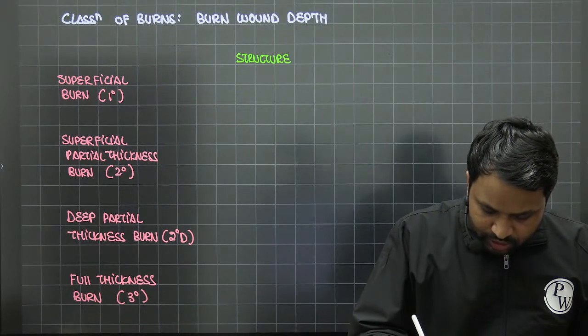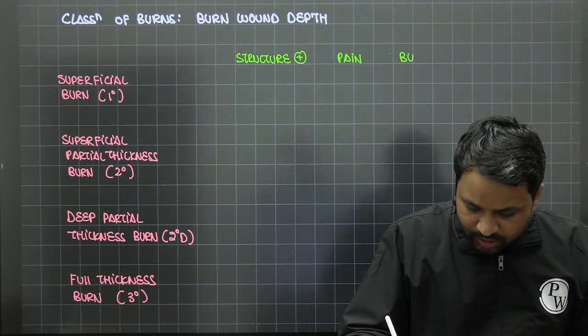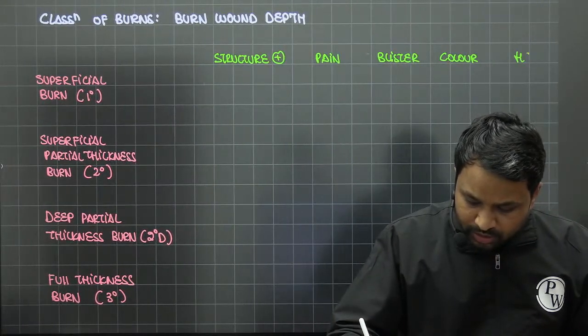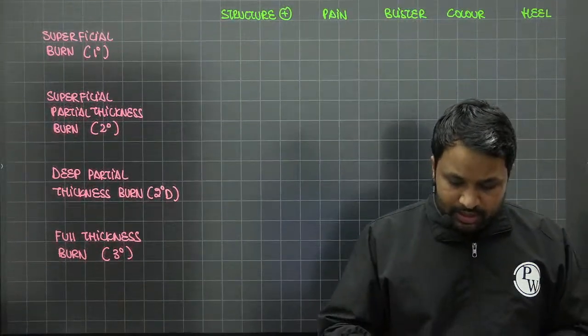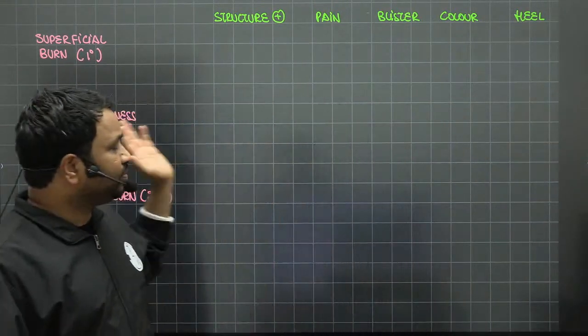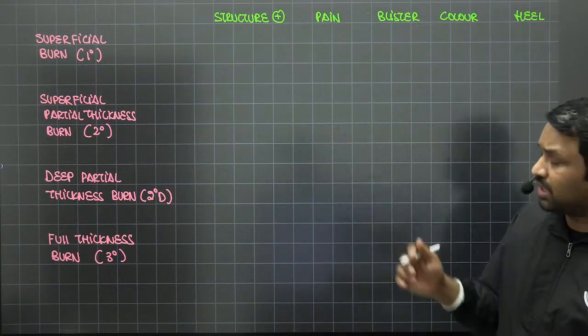Obviously, the second component is pain. Then you have blister. Then you have the color and whether it is going to heal or not. This is the criteria on which you're going to categorize the burn into different grades, or I can say different classes of burns that are present.